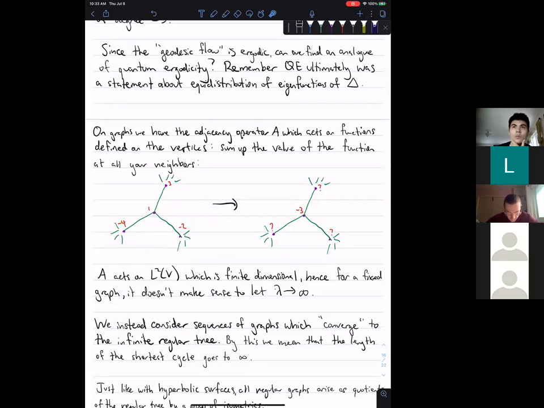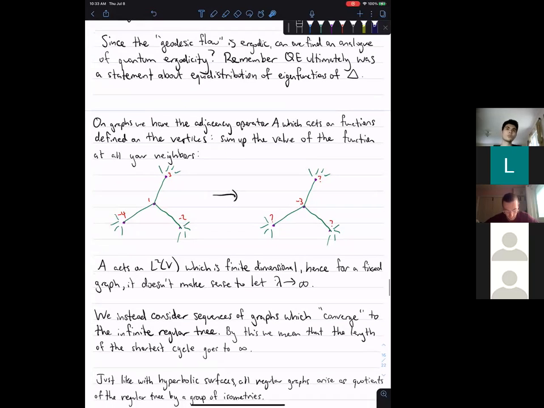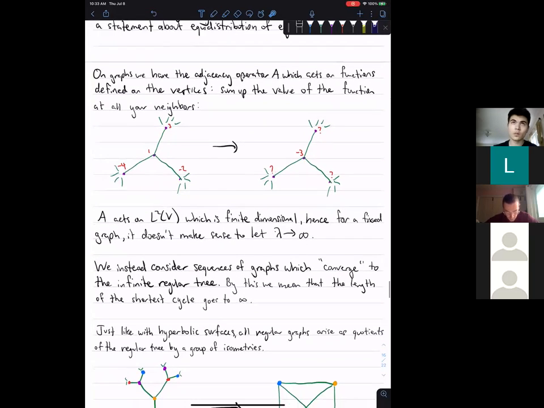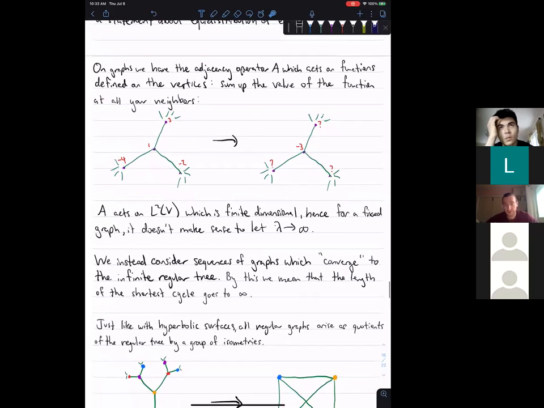So the new value at this vertex will be -3. And to find the values here, you'd have to know the value at other parts of the graph. But hopefully that's clear what this is doing. You should think that geometrically, this adjacency operator is very similar to what the Laplacian was doing. It was also looking at the average value at neighbors.